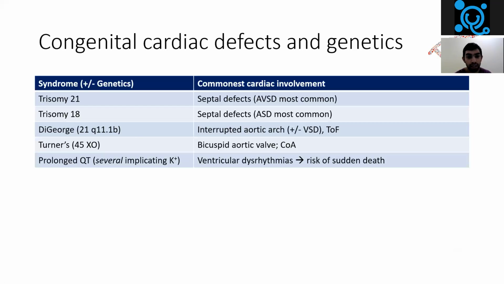So these are the patients where you need to be careful about prescribing things like macrolides and certain antiemetics and so on. And if you are going to do so, you need to do an ECG beforehand and regularly monitor their ECG just to make sure their QT segment does not prolong.